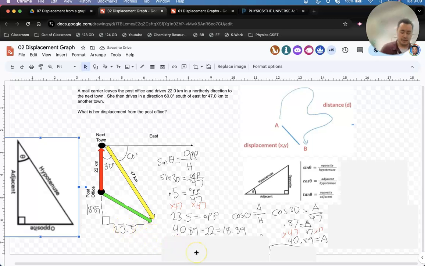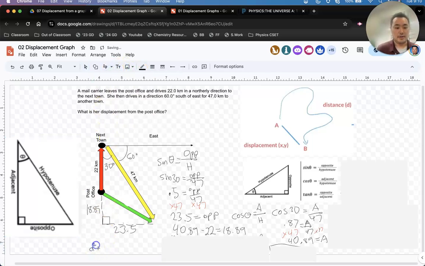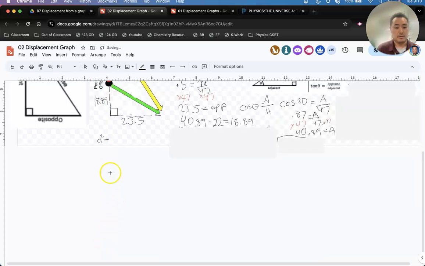Can we find the hypotenuse of this green line? Bradley, do you remember how to find the hypotenuse? Write this down. A squared plus B squared equals C squared.